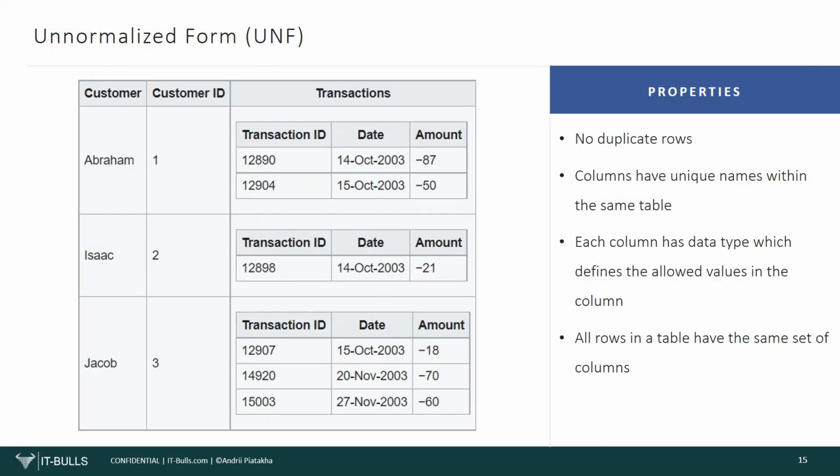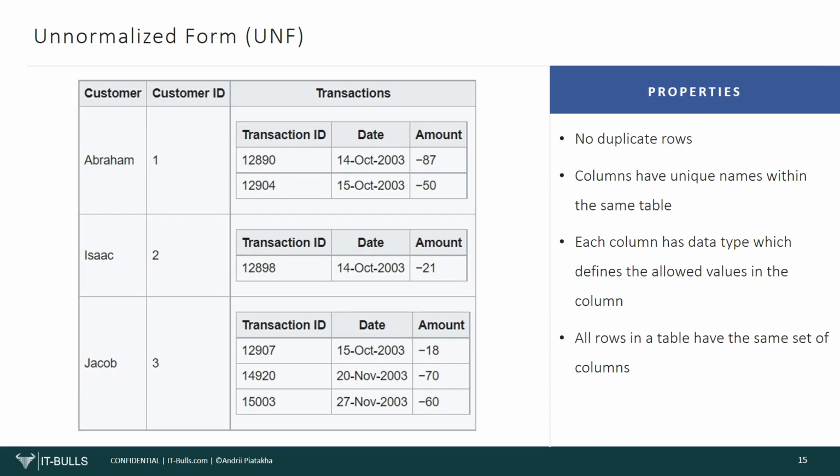In database normalization, the unnormalized form, which may also be referred to as UNF, also known as an unnormalized relation or non-first normal form, is a database data model which does not meet any of the conditions of database normalization defined by the relational model.